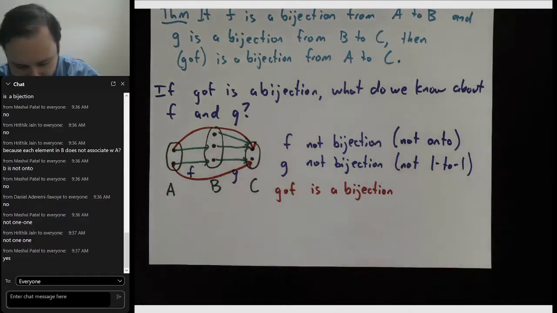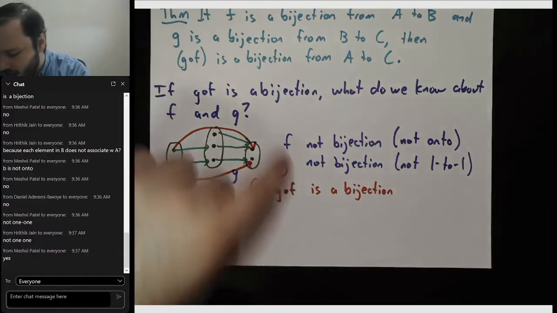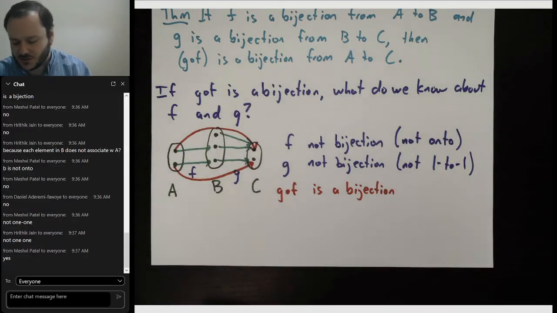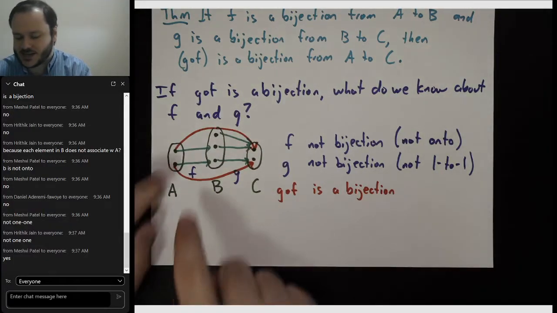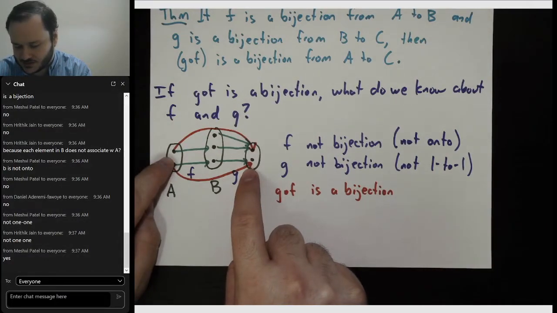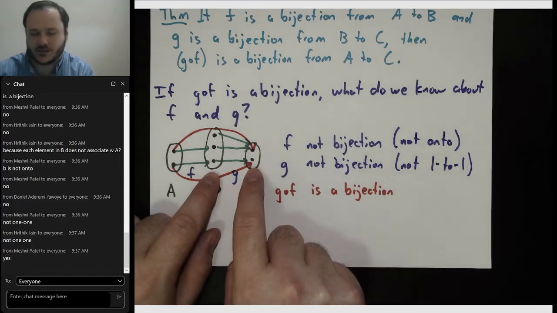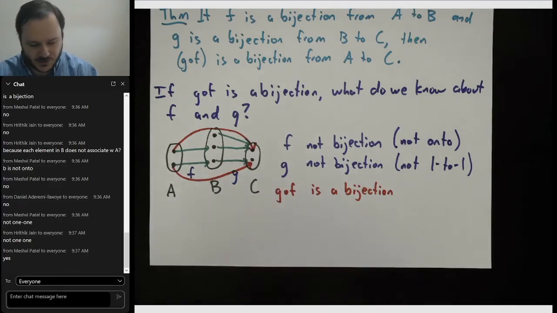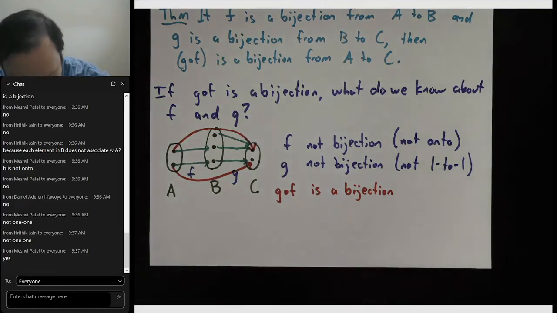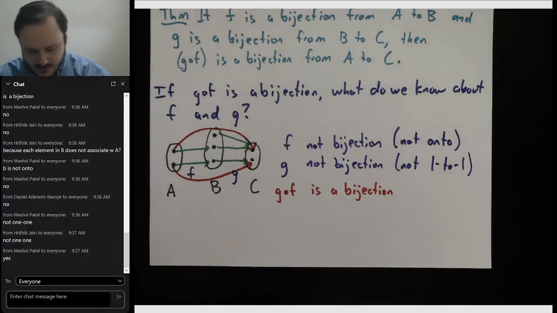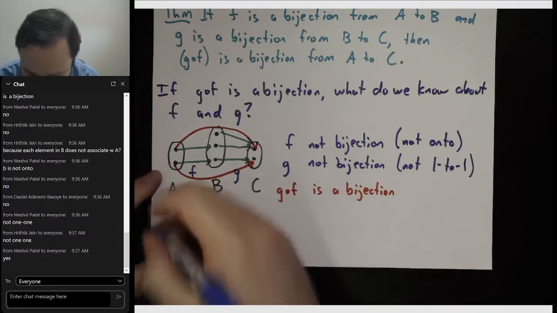So what this tells us is f does not have to be onto for us to have an onto function. G does not have to be one-to-one for us to have a one-to-one function. But we can still say the following.